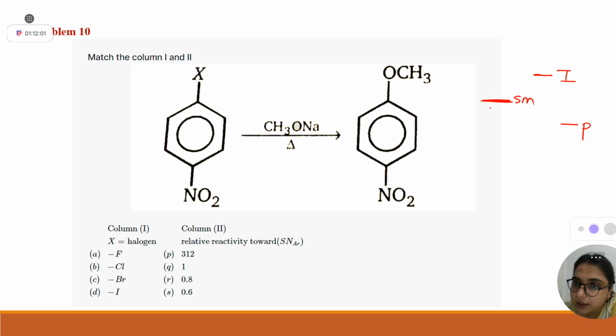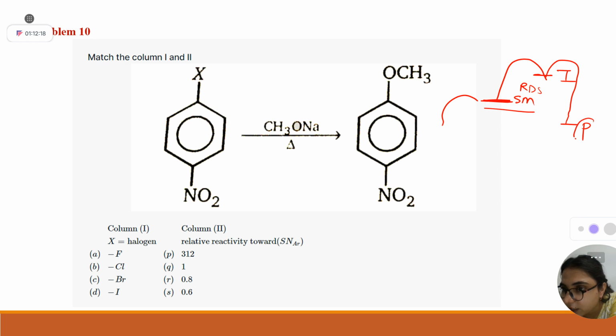In the starting material, your benzene ring is aromatic. You have to give energy to go to this intermediate, so this is your rate determining step. But from the intermediate to the product, you don't have to give energy, because your product is more stable than your intermediate. So your RDS is addition of nucleophile.